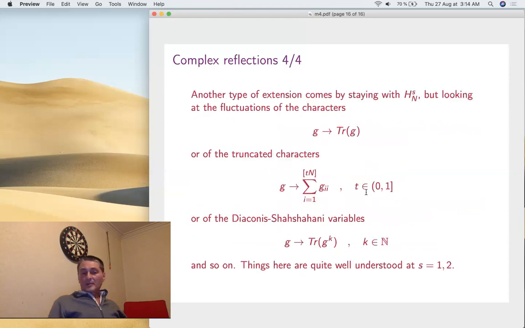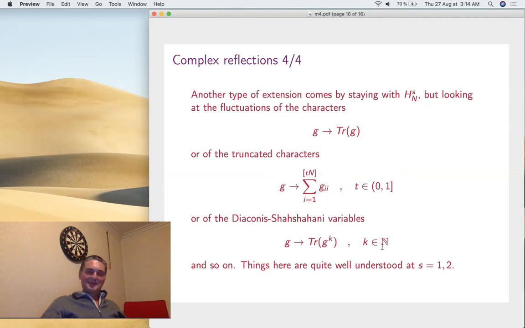Now, another type of extension, which is perhaps even more interesting, is sticking with these HNS, which are the ones that are easy somehow, but looking at the fluctuations of the characters, the truncated characters, or smaller variables. For instance, the characters have this natural generalization by Diaconis and Shahshahani: instead of taking trace of g, take trace of g to the k, with k in N. And well, very interesting questions here.